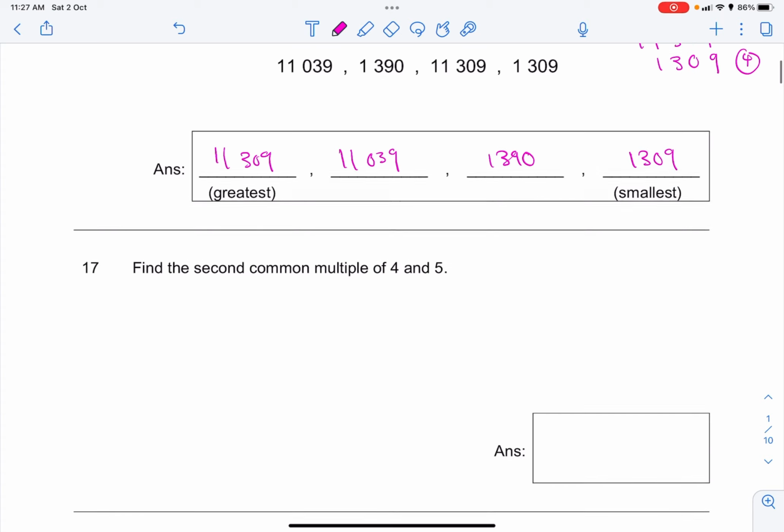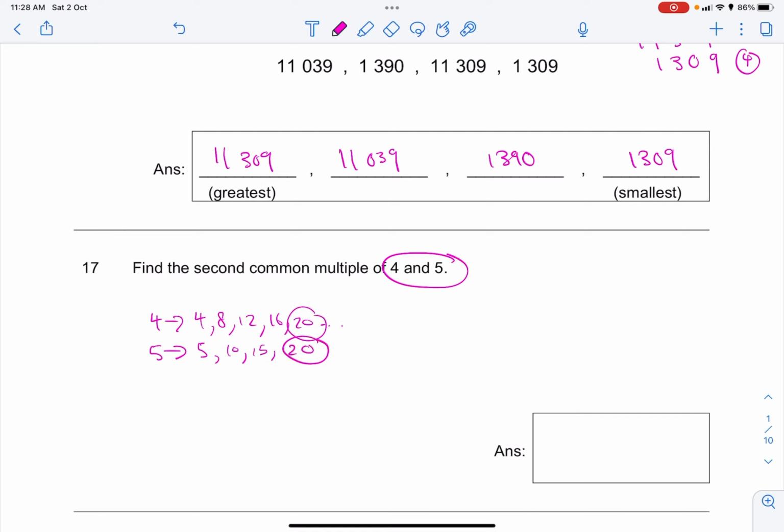Question 17. Second common multiple of 4 and 5. So we need to find the first common multiple of 4 and 5. Okay, so we're going to list multiples of 4: 4, 8, 12, 16, 20. And you can see now where I'm going. Multiples of 5: 5, 10, 15, 20.